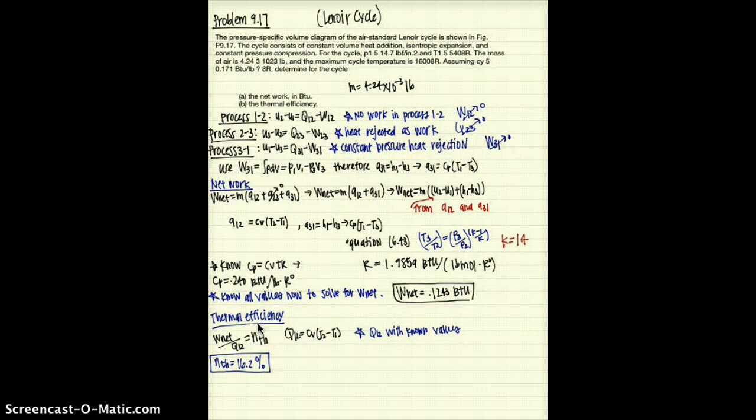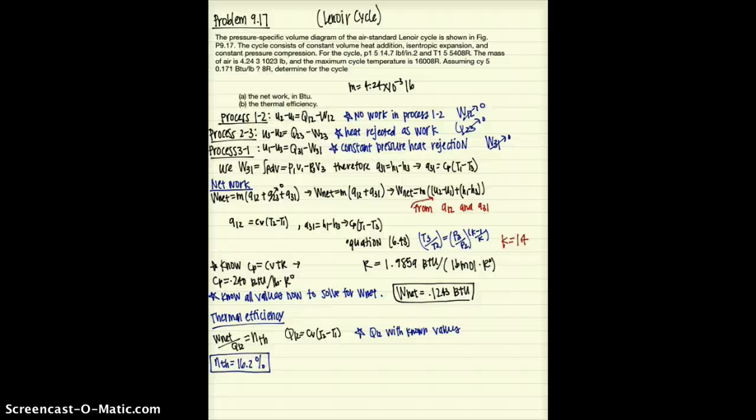After knowing the value of Cp, we can plug in the value for mass, the value for Cv, also the values for T2 minus T1, and Cp, also the value for T1, and also the value for T3 to solve for work net.